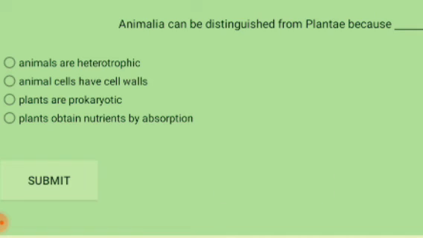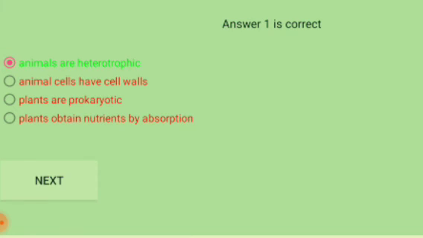Animals can be distinguished from plantae because option A, animals are heterotrophic, B, animal cells have cell walls, C, plants are prokaryotes, D, plants obtain nutrients by absorption. So it's actually animals are distinguished from plantae because animals are heterotrophic.